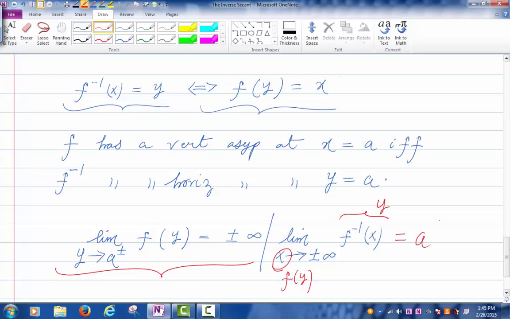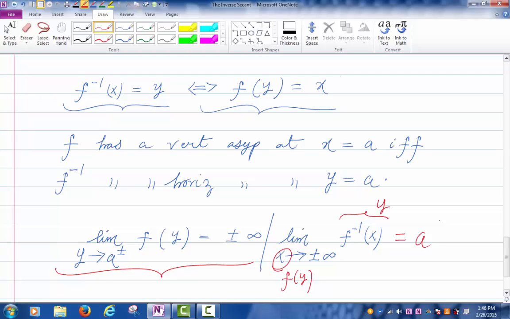Even more simply, these two functions, f and f inverse, they are doing the opposite of each other, right? If you have (a, b) on the graph of f, then (b, a) is on the graph of f inverse. So you have the point (x, y) on the graph of f, and you have (y, x) on the graph of f inverse.